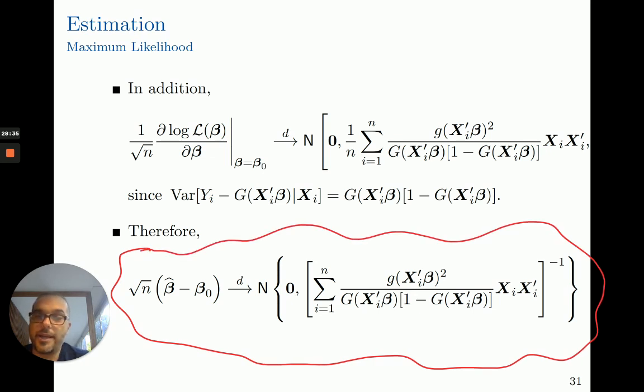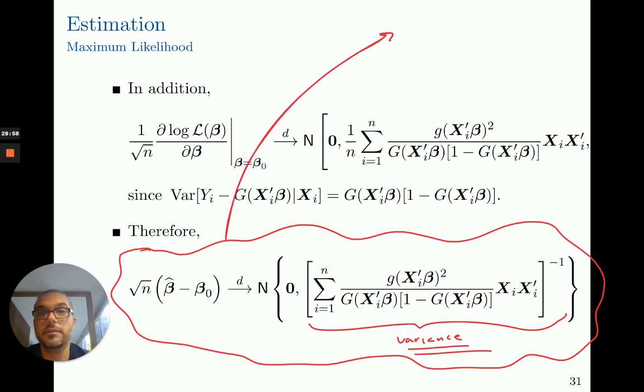Square root n times beta hat minus beta naught converges in distribution to a normal random variable with zero mean and that variance. So we can test hypotheses and conduct inference. And this closed formula is easy to compute, but this is low dimension.